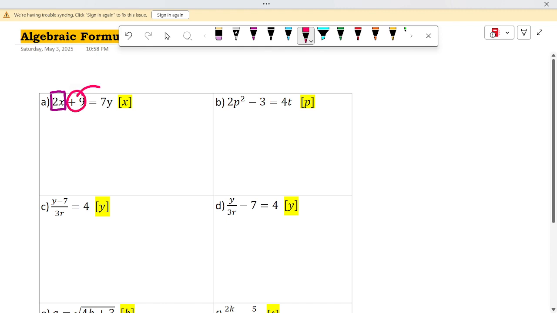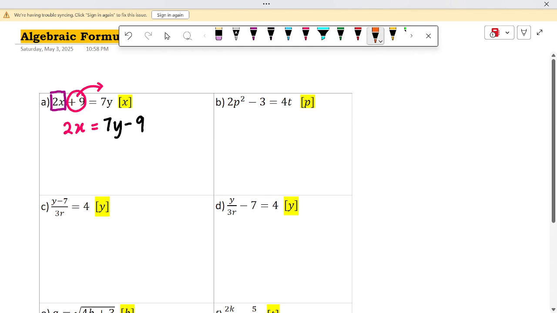Positive 9 to here. As you have learned before, positive 9 shifted to the right side will become negative. So before you shift, whatever is on your right side, please remain first. Anything that is going to be shifted, you put it back. Positive 9 becomes negative 9.